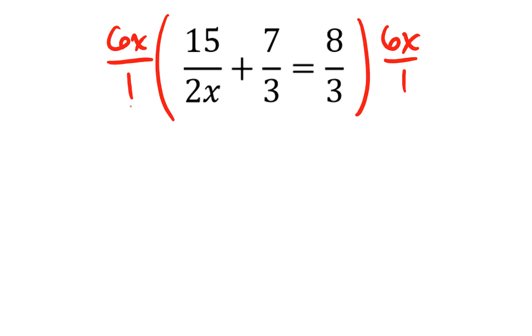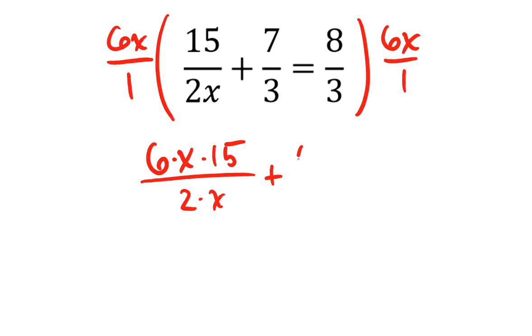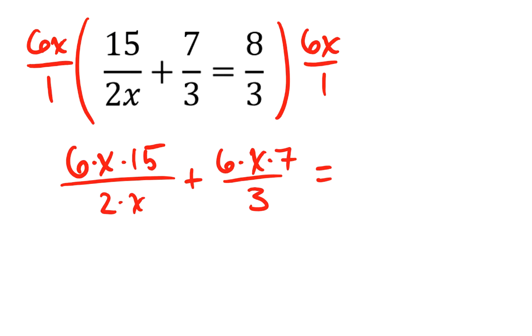So I like to be real explicit when I write this out. So I'm just going to write 6 times x times 15 over 2 times x, plus 6 times x times 7 over 3, and then that equals, I'll just put on this side, 6 times x times 8, all divided by the number 3.